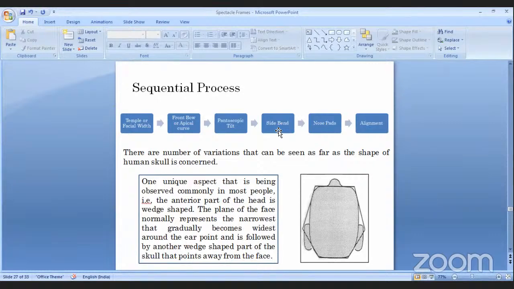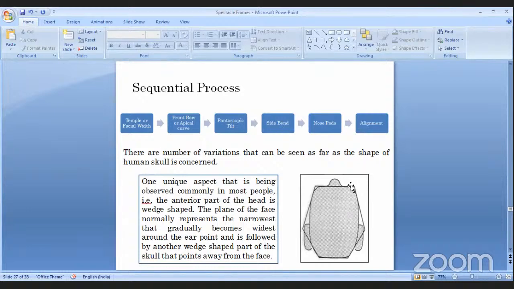However, while you understand this fitting assessment process, you must understand the human skull. There are a number of variations of human face that you can see, but there is one very unique and common aspect that is observed in most people.